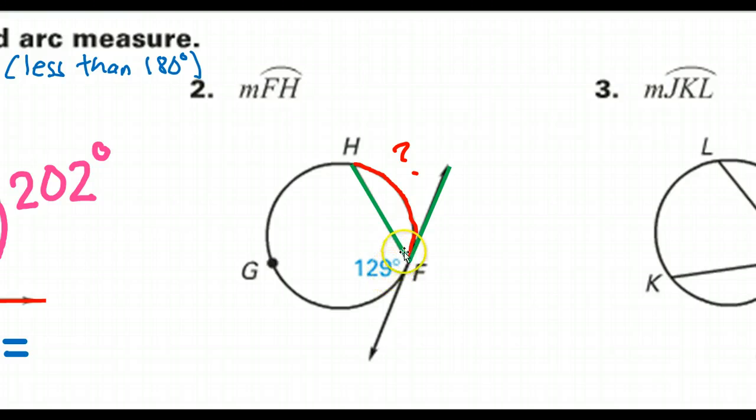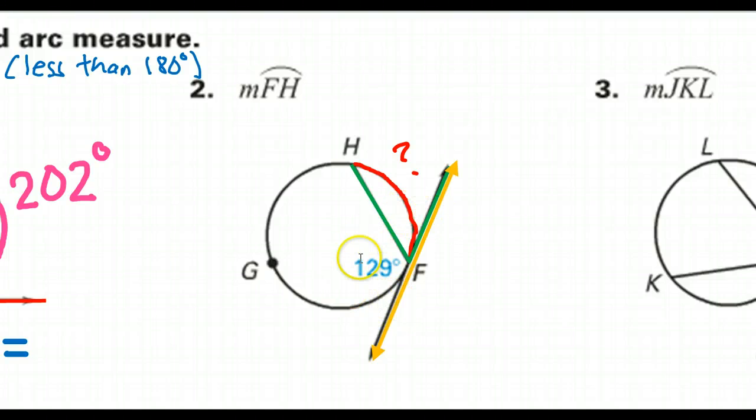Well, the 129 degrees can help me find this green angle. Can you see how? Well, look at this orange line that I've highlighted. This is a straight line. That means if I look at these two angles that make up this straight line, they have to be supplementary.